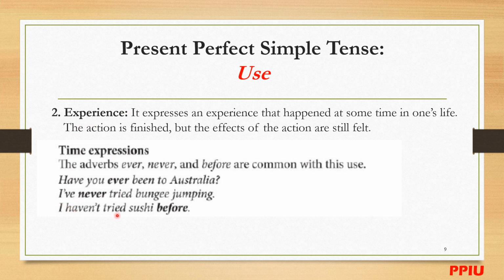I haven't tried sushi before. Since you have no experience with sushi, I did not have many things to say about this one. Maybe you can read and also understand.